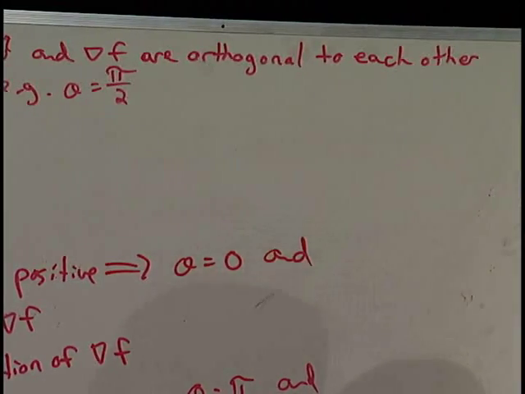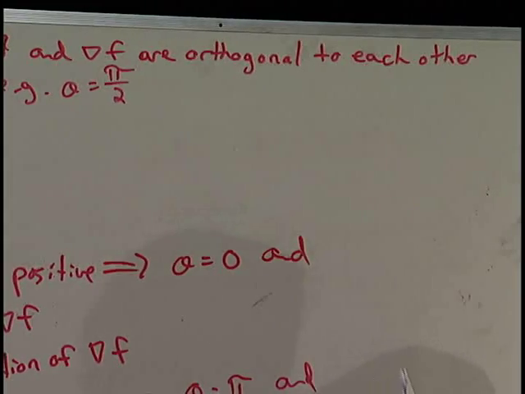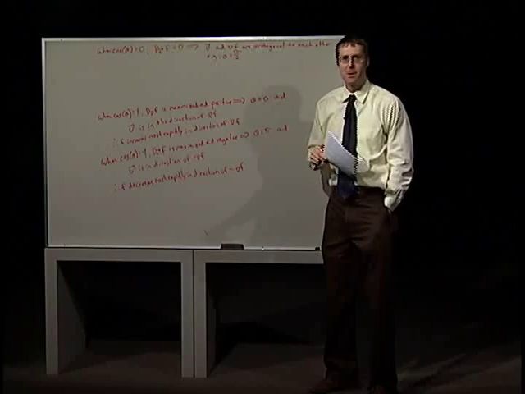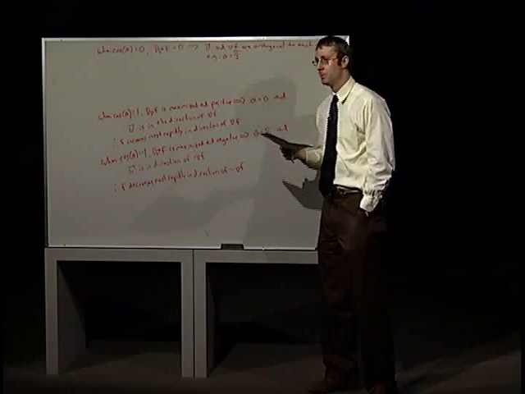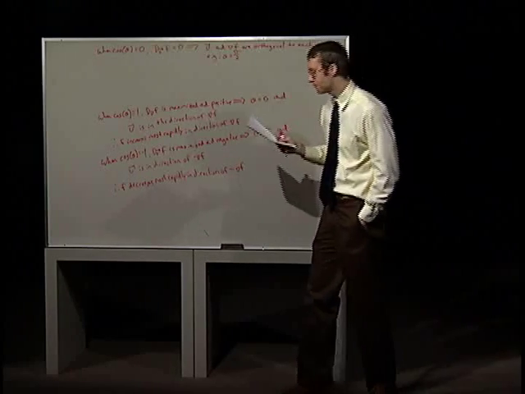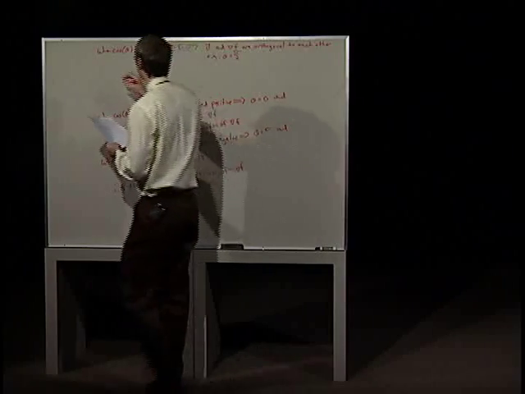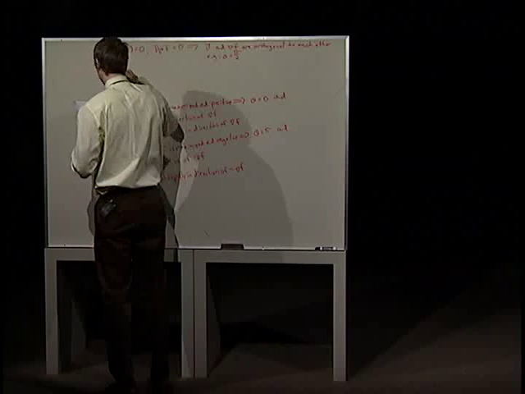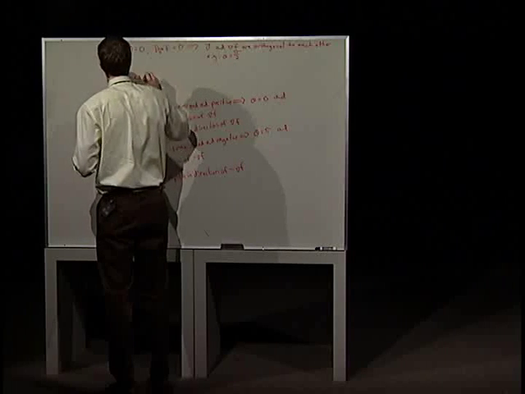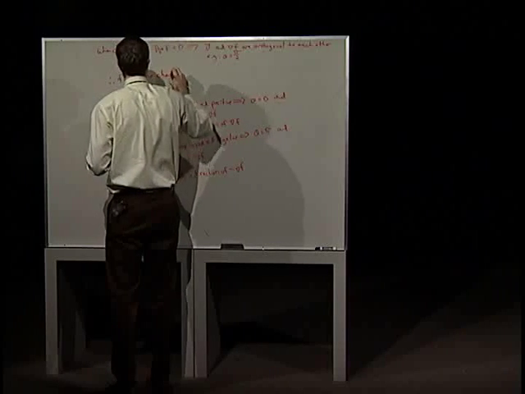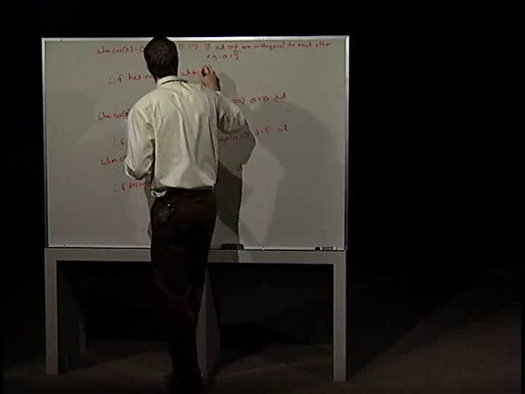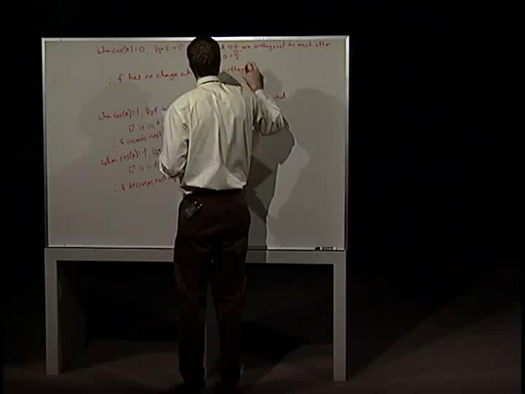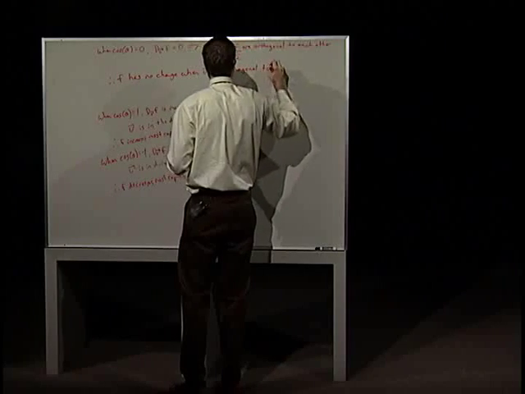So when that's the case, u and grad f are at right angles to each other, when the angle between them is pi over 2 or some odd integer multiple of that. And so as a consequence, D_u f is equal to 0, so f has no change when u is orthogonal to grad f.